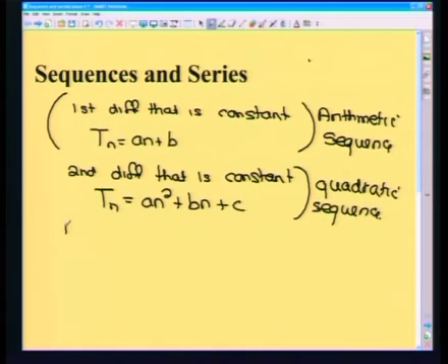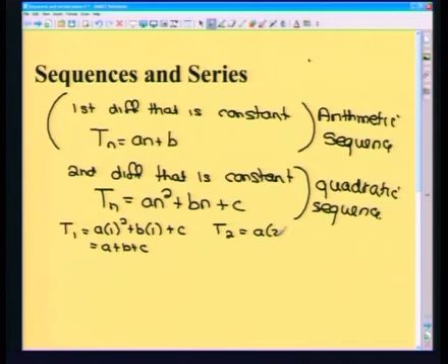If we take term 1, and we replace every n with 1, we're going to get that, plus that, which gives me A plus B plus C. If I work out term 2, wherever there's an n, I put a 2, and I would get 4A plus 2B plus C. Let's work out 2 more terms.